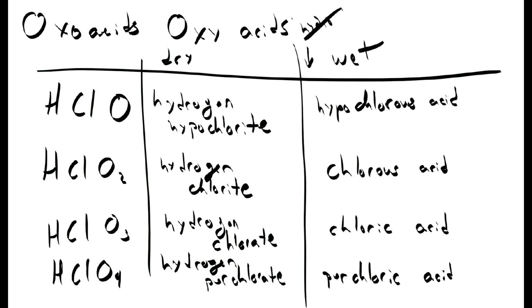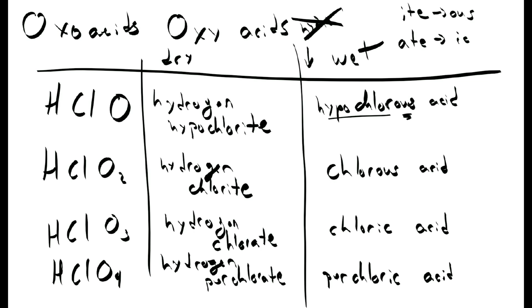There is no hydro in front of the name of the acid. The name of the acid is just based on the negative ion, and you change the ending. ITE becomes OUS, ATE becomes IC. And this is for all the oxoacids.